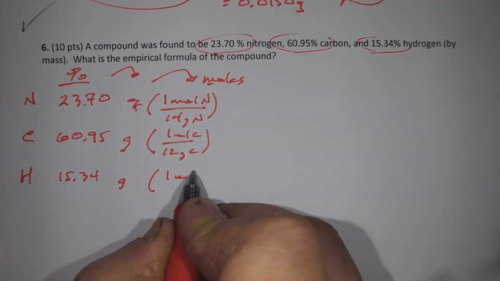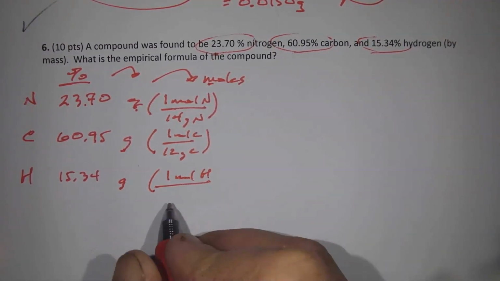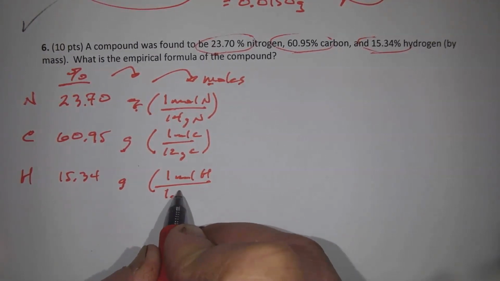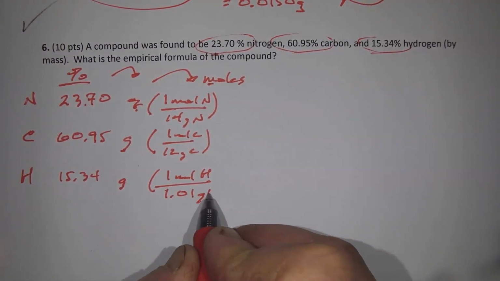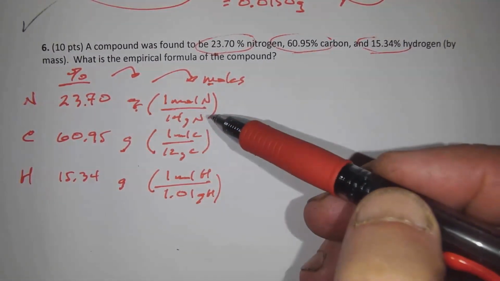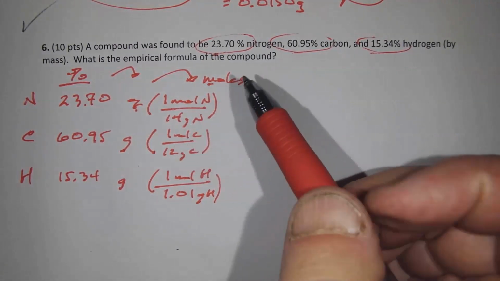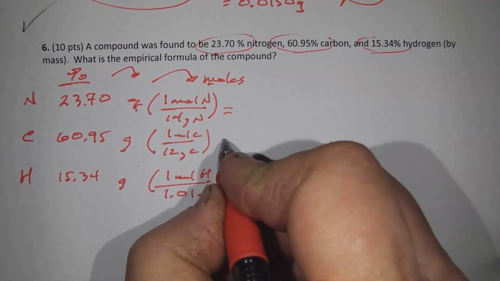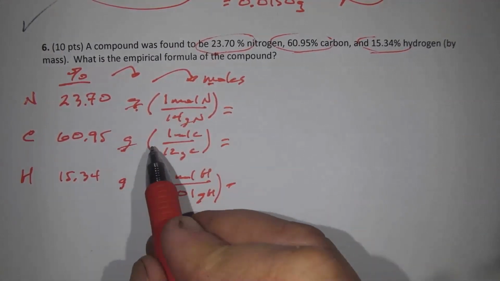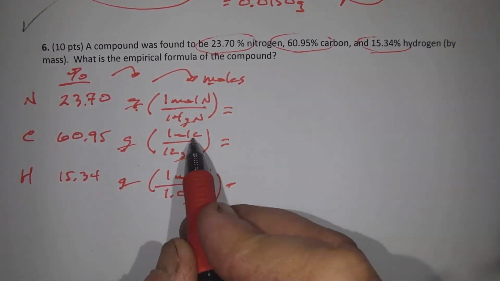Well, I have that 1 mole of hydrogen is, and this is just H, not H2, 1.008, I'll call it 1.01 grams of hydrogen. So effectively I'm going to divide this mass for each element by its atomic mass. I do that, and that will convert it to moles. Again, the grams cancel, and I'm left with moles, moles, moles.